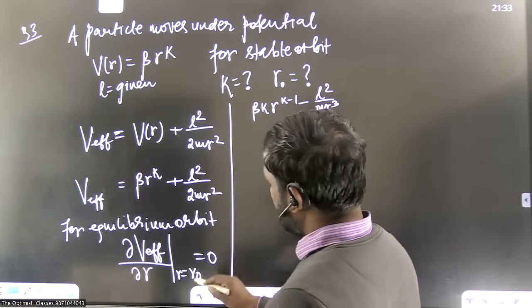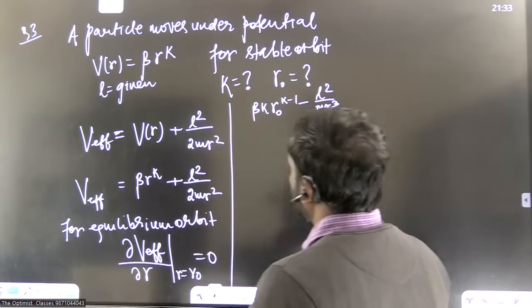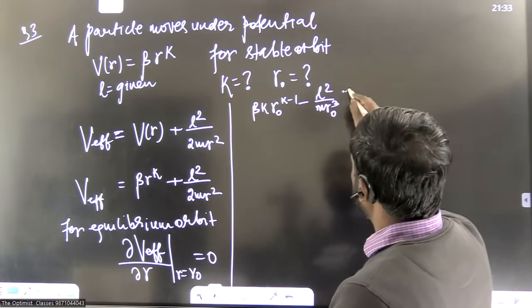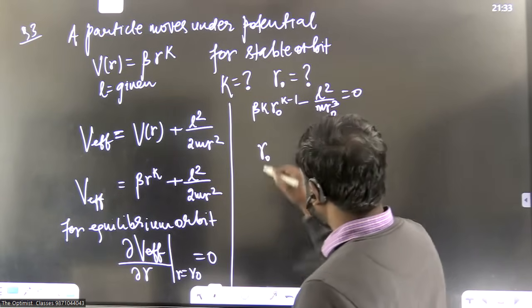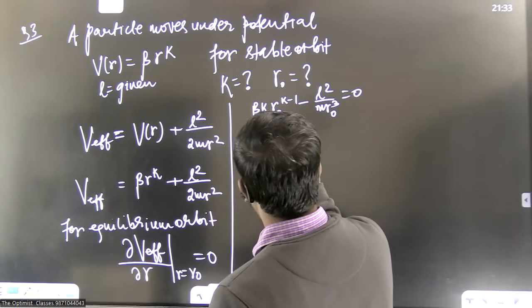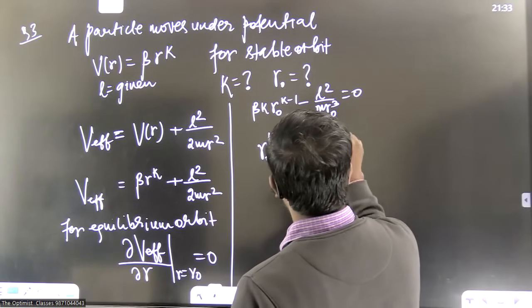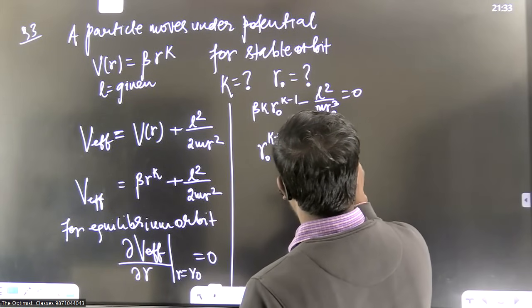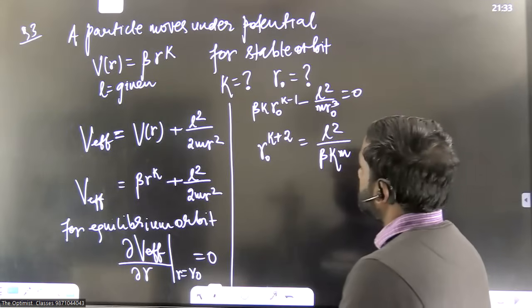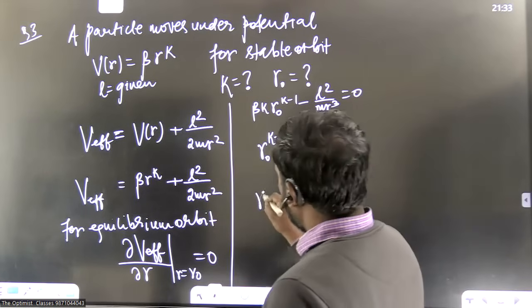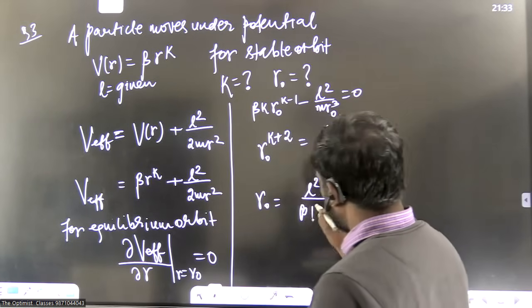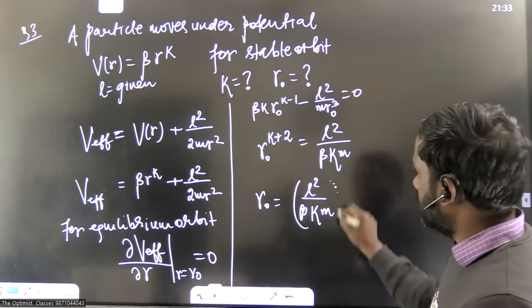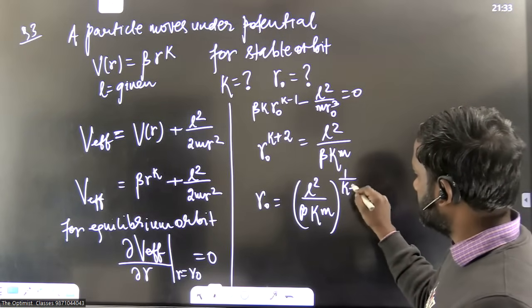We are calculating it at r naught, so we'll put r equal to r naught here, that is equal to 0. So from here you get r naught to the power k plus 2 equal to L square upon beta k into m. So r naught is L square upon beta k m, this whole power 1 by k plus 2.